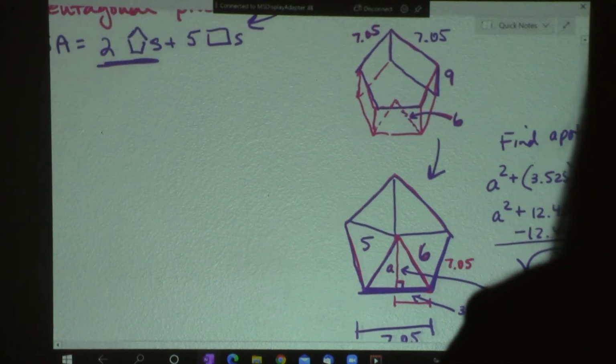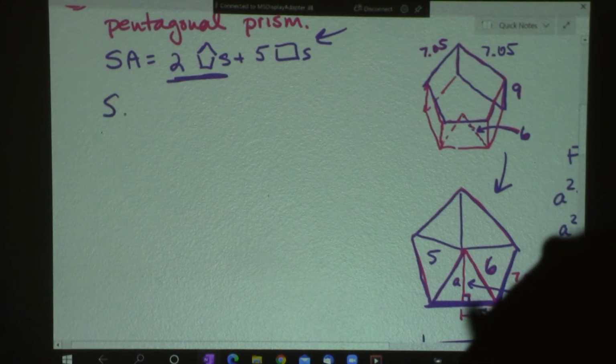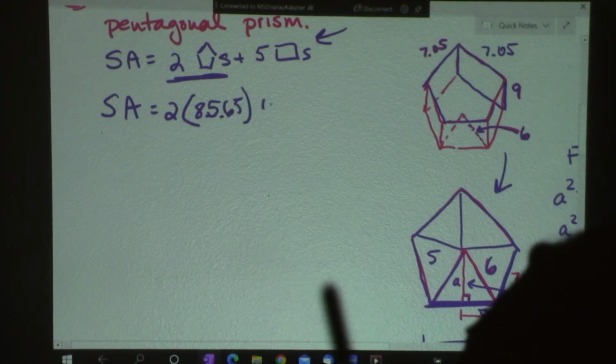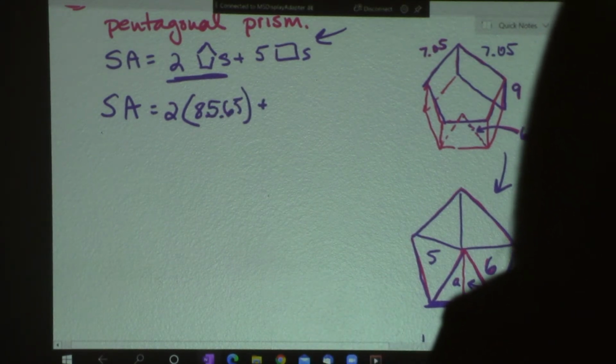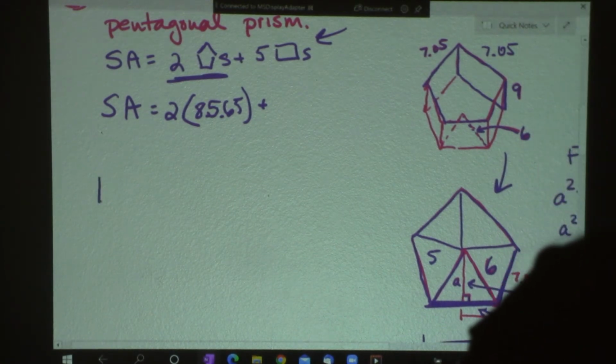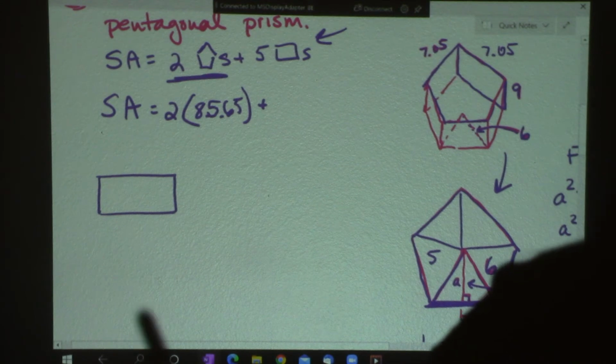So let's go back over here. Now the surface area is going to be 2 times 85.65. Okay, now I need to figure out my rectangle. So like I said, it's this side rectangle.